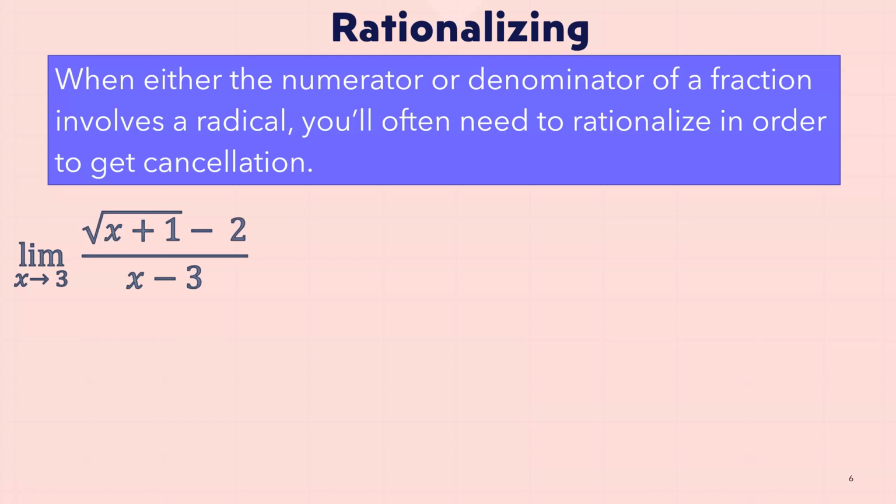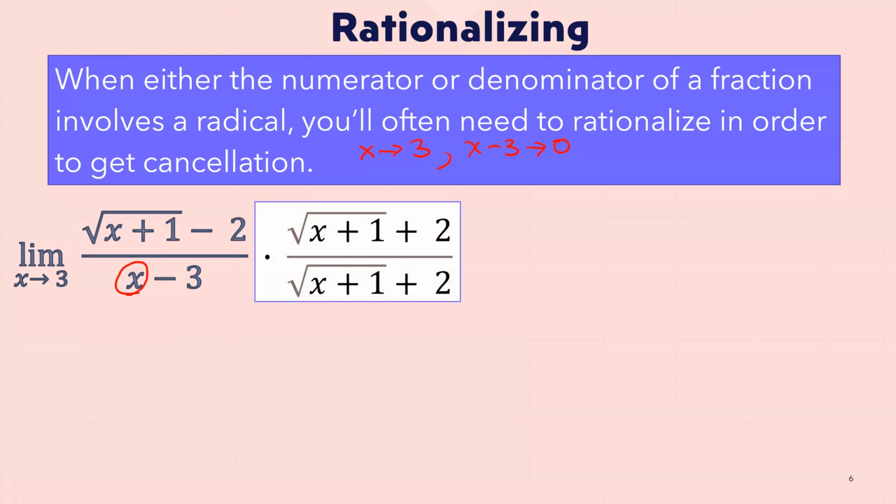What's the issue with x when x is going to 3? When x is approaching 3, x minus 3 is approaching 0. So we cannot just do direct substitution of this x into here. So as I label here, rationalizing is a really good trick.